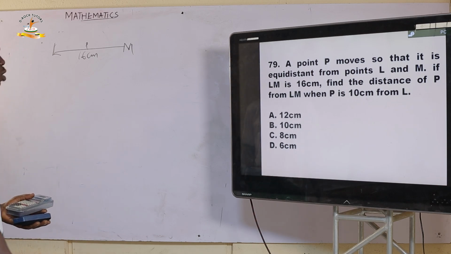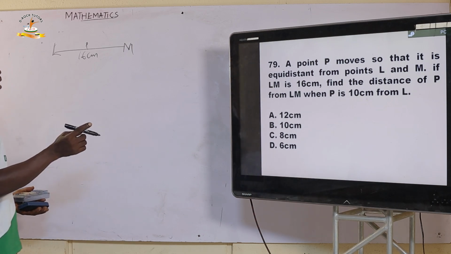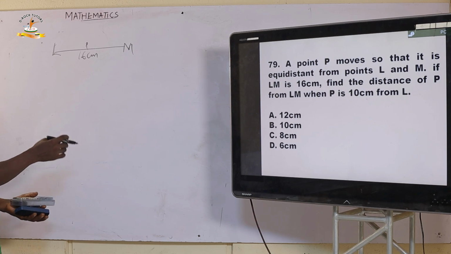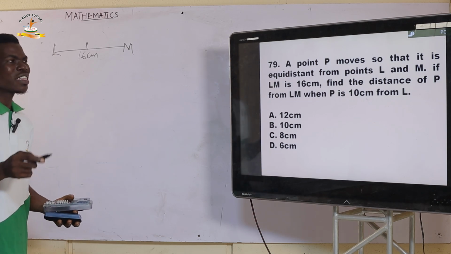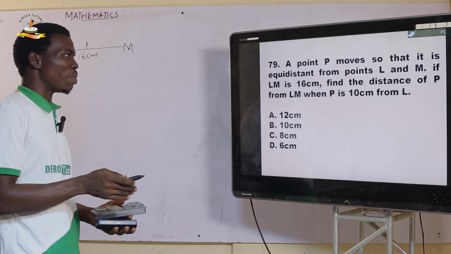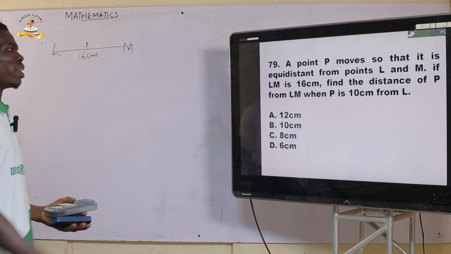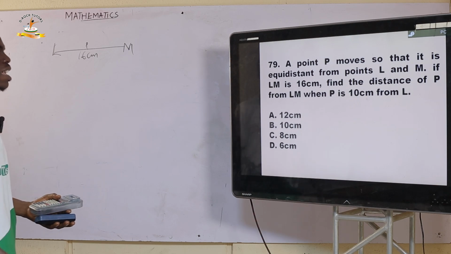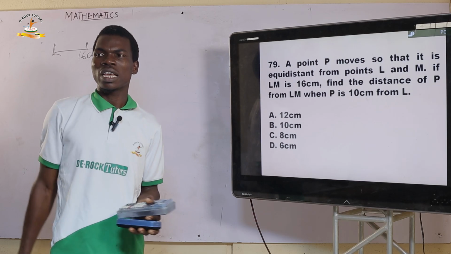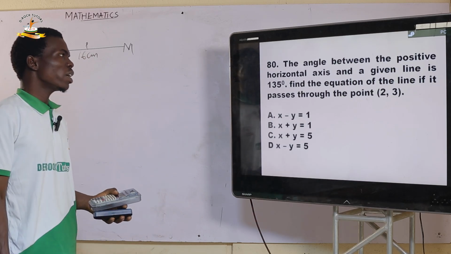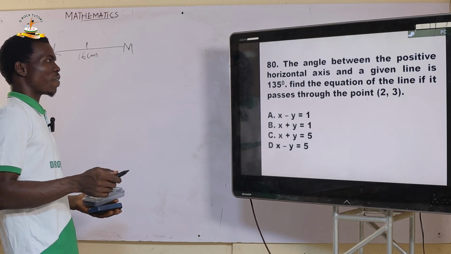It's supposed to be from M. So if P is 10 centimeters from L, then the remaining distance will be, we don't forget it is equidistant from both L and M, then it is also going to be 10 centimeters from M. So the correct option here is B.